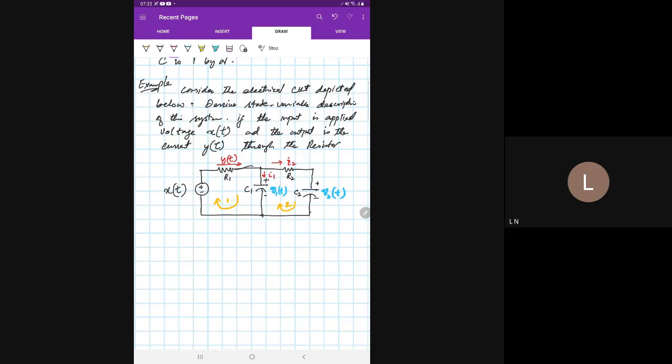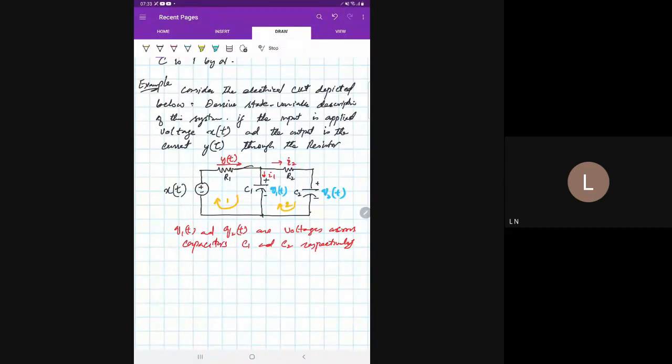While Q1 of t and Q2 of t are voltages across capacitors C1 and C2 respectively. So we have to derive a state variable description model for the system.